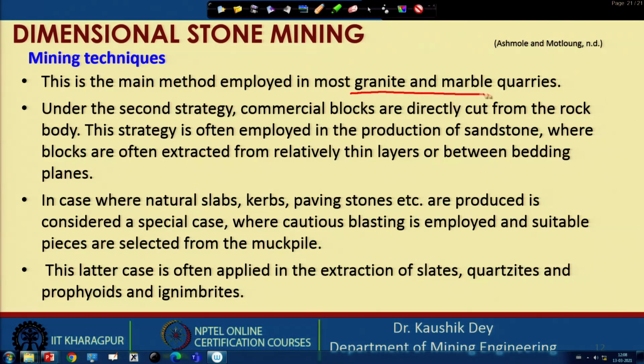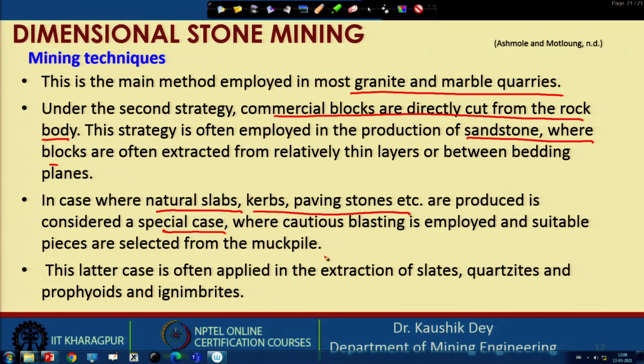Granite and marbles are the main dimensional stones, and commercial blocks are directly cut from the rock mass, and sometimes this is also used for sandstone blocks. In case of natural slabs, carved paving stone are also produced.